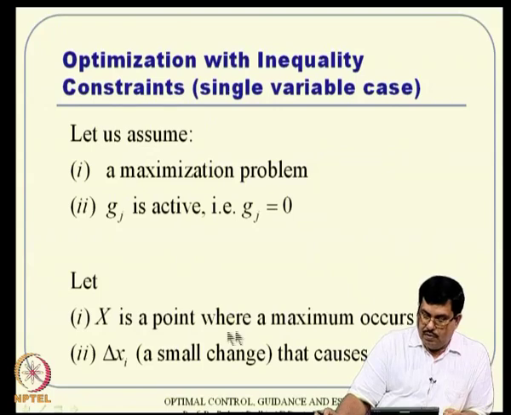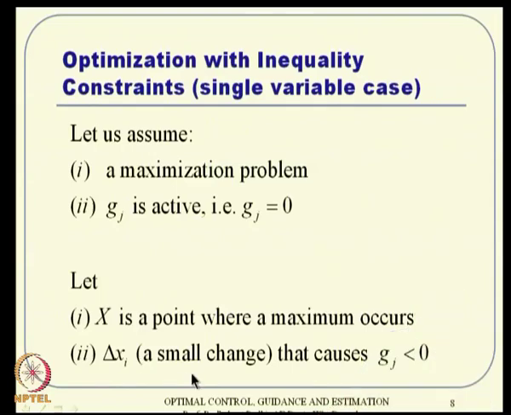Let us assume that x is a point where the maximum of the cost value occurs, and delta x i is a small change in the x i direction that causes g j to be strictly negative. That means the moment I go a little bit in that direction, my g j becomes inactive.